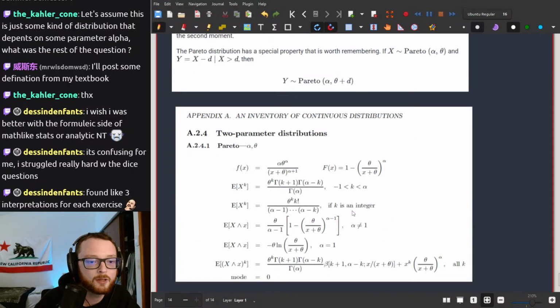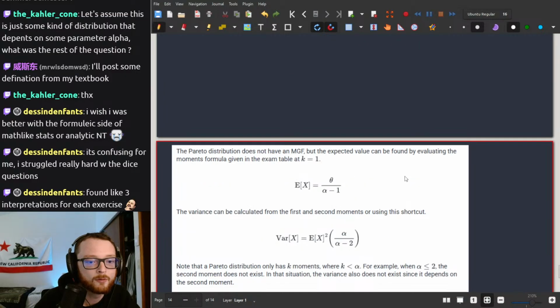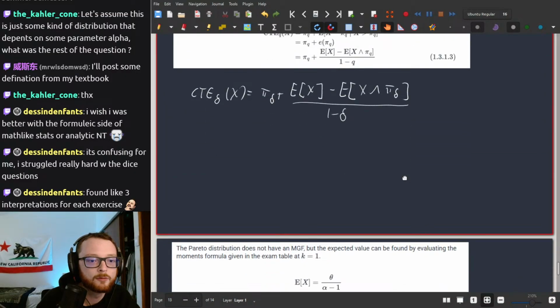And so we know e of x. Well, we can just use this: theta over alpha minus 1.